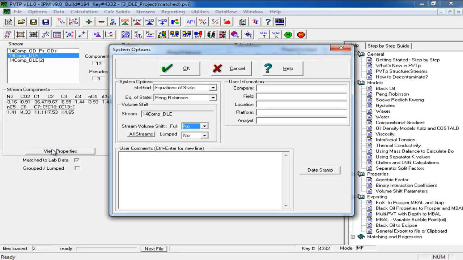So what's the solution for this? We know that the real behavior is like this. And the equation of state is able to produce this part.